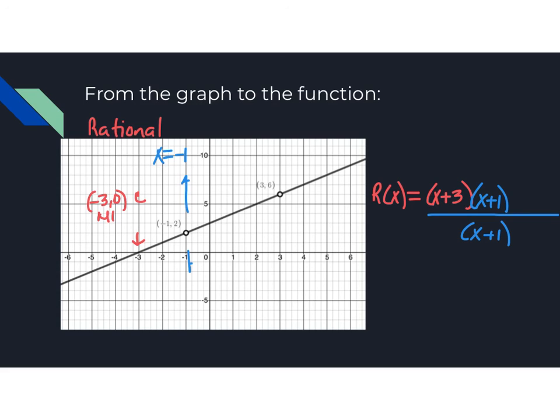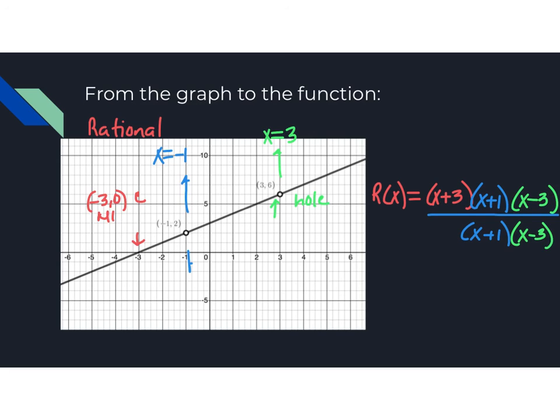I also notice I have a hole when x equals 3. That is the location of my second hole, which is the location of a second vertical asymptote. So I should have a vertical asymptote at x equals 3, but remember it got canceled out to leave a hole, so I should have that same factor in the numerator.